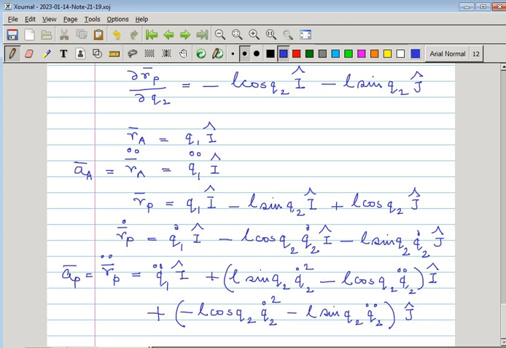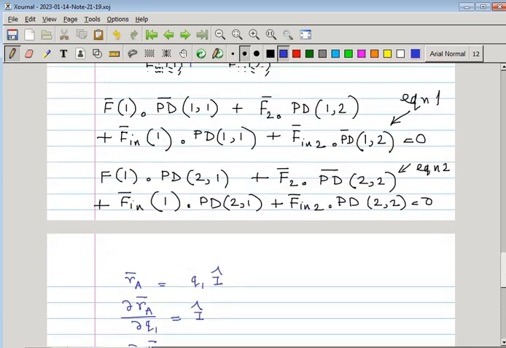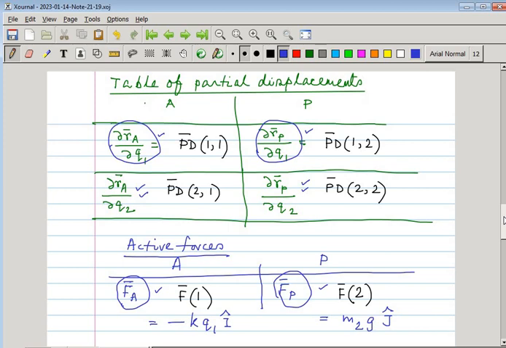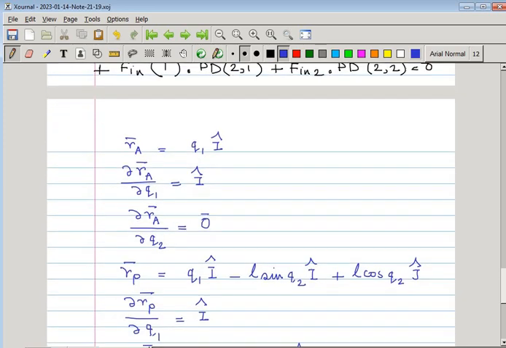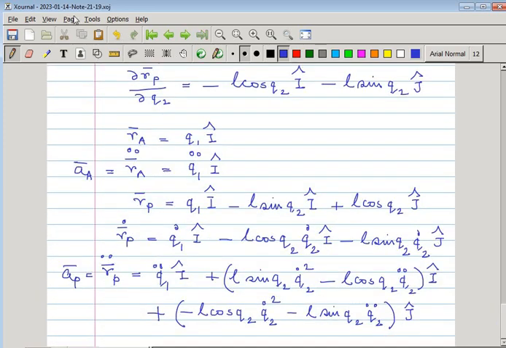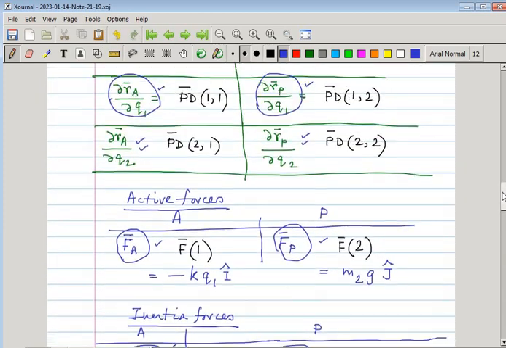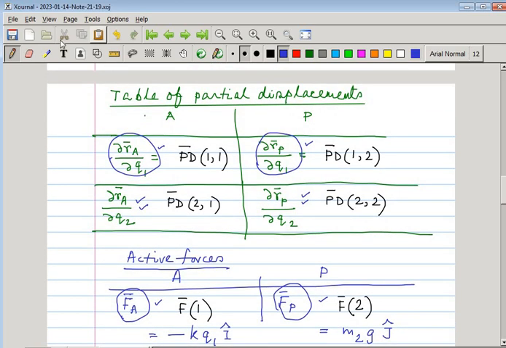So now see, we have got all the terms in these three tables. So you can now fill up the tables. Let us take these tables.